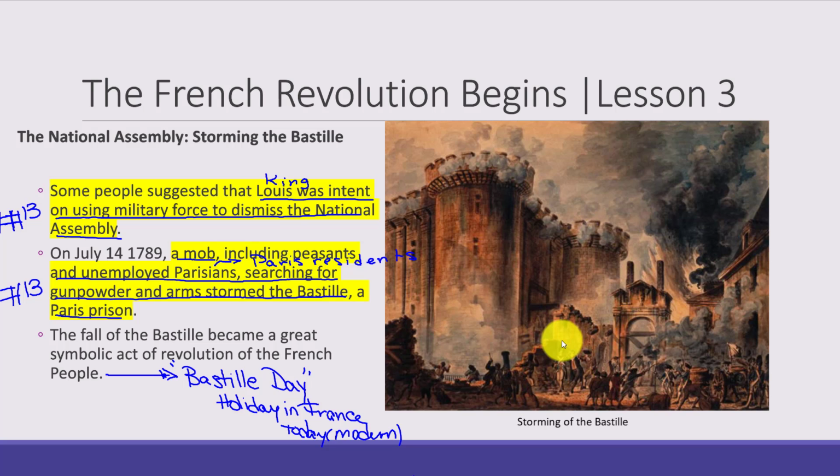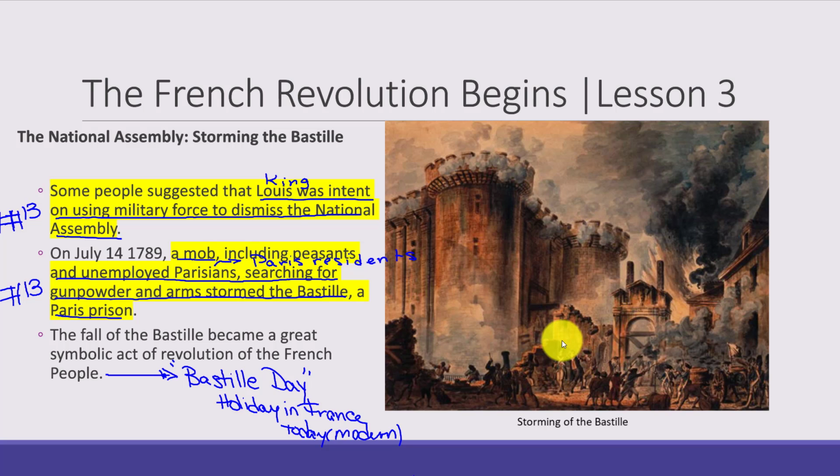It was suggested, or some people said, that King Louis was going to use military force to stop the National Assembly. So Parisians, people of Paris, peasants, unemployed Parisians, etc., said, no, we're not going to do that. We're going to defend ourselves.